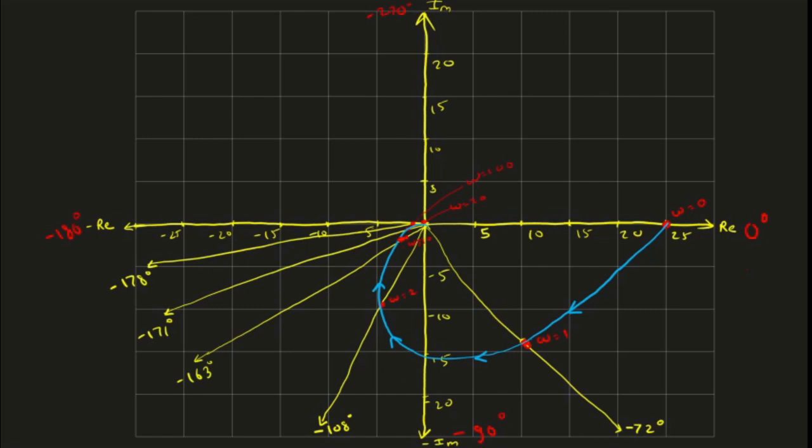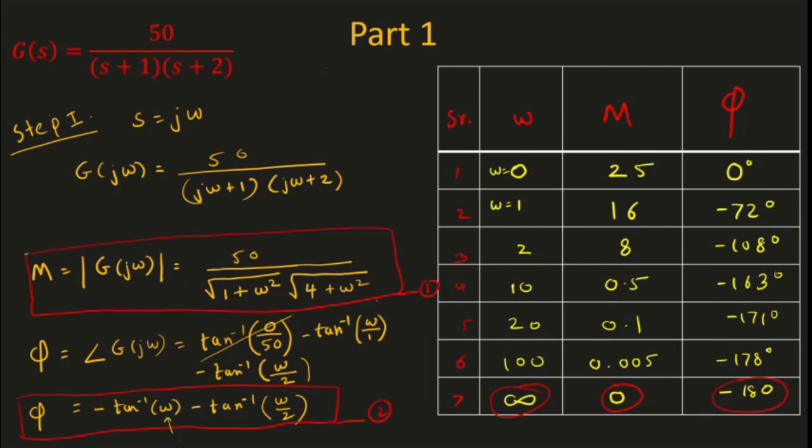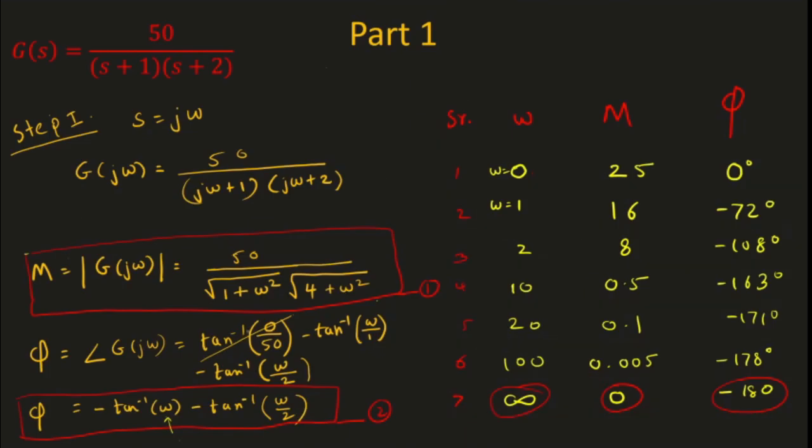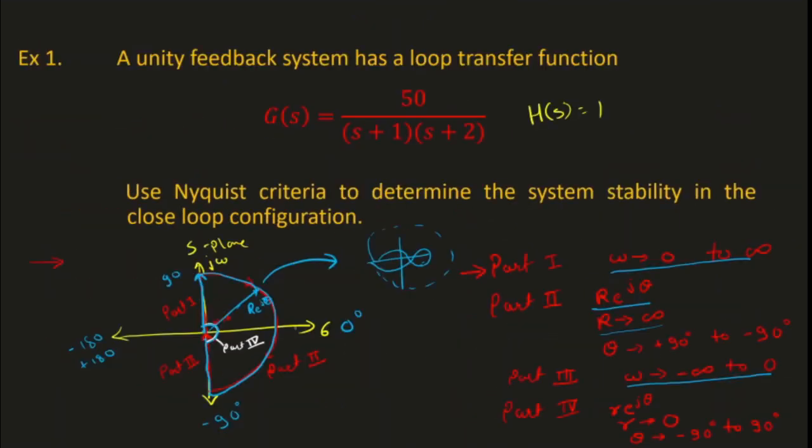That is, we varied omega from 0 to plus infinity, and we plotted the magnitude and phase of this particular part. Now the second part is where this semicircle is to be mapped. This entire semicircle has a radius, this particular part. So let's draw the second part, where there is a semicircle of radius r e raised to j theta.